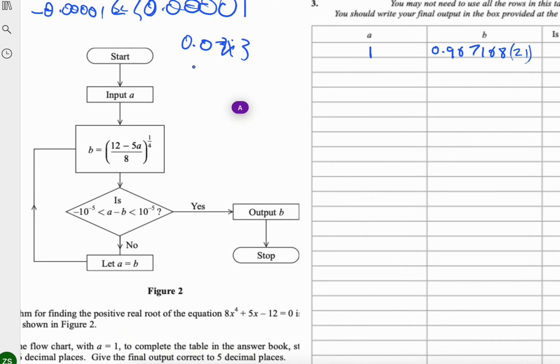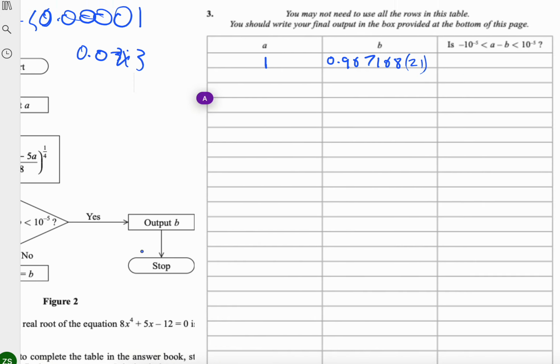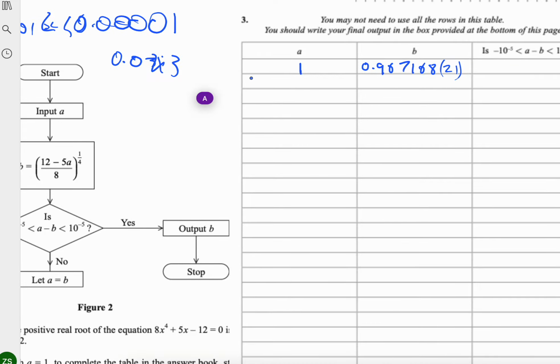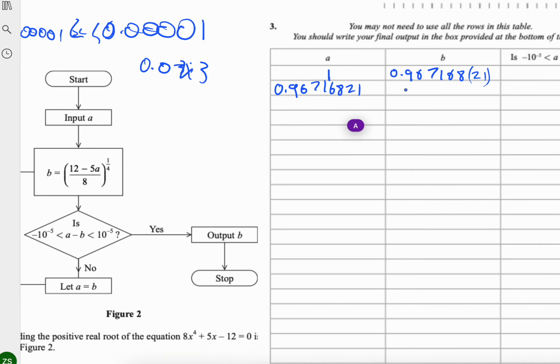Now, if it's not, we change A into B, so we're moving B across here: 0.967166821. We perform our calculation again, and we get 0.97278, and that's the difference between them. So do the subtraction.